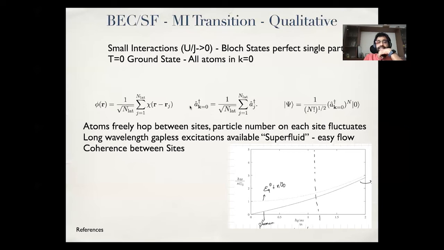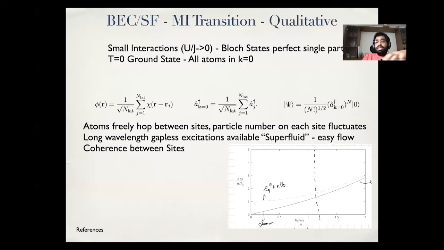If you write the creation operator corresponding to this Bloch state, it is a superposition over different localized operators. What we are saying is that in this regime, our atoms are going to be in a Bose-Einstein condensed state with all atoms occupying a delocalized atomic wave on my optical lattice.